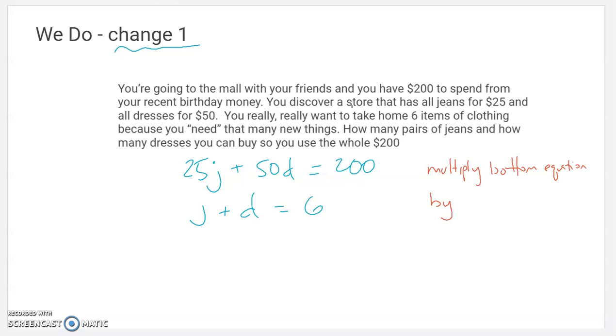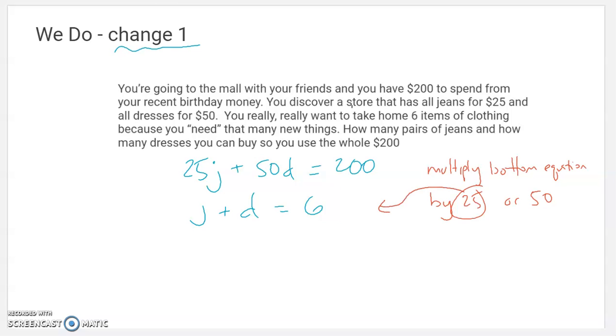We can multiply it by 25 and eliminate here, or by 50 and eliminate here. Totally does not matter which one. Makes absolutely no difference. It's just you'll find one and then find the other. So I'll probably choose 25 just because it's a bit faster.